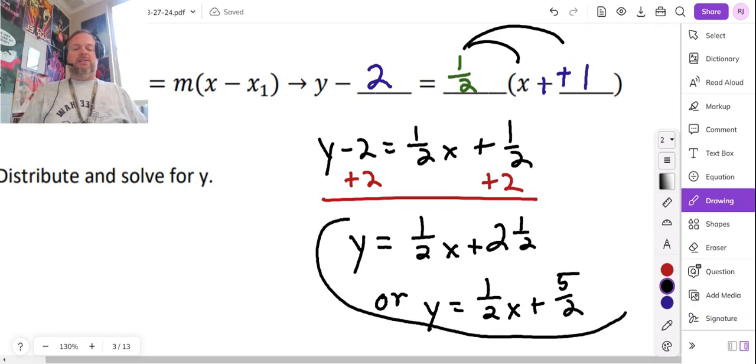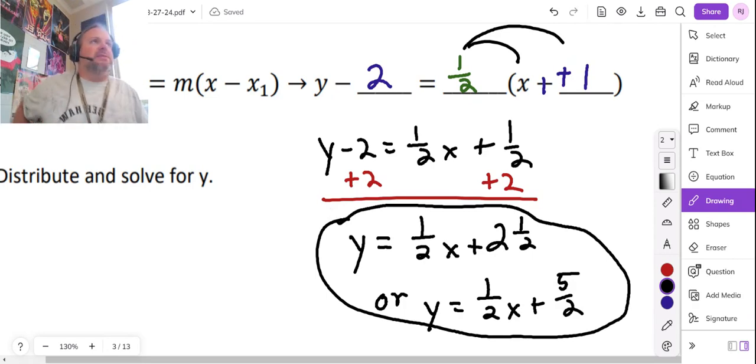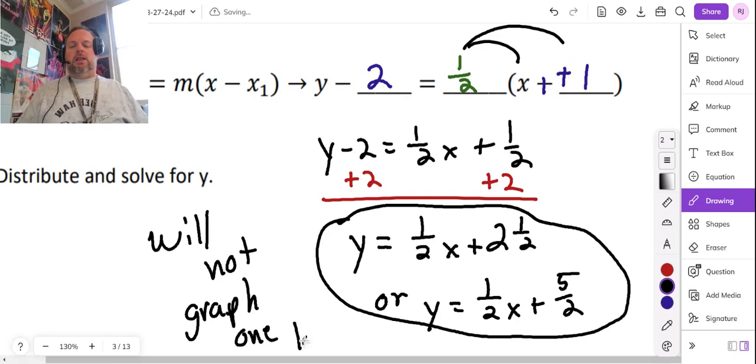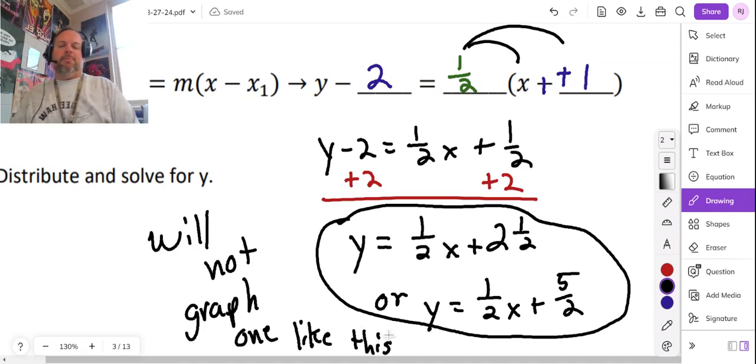Either one of these is fine, but guess what? You won't have to graph something like this. This has a lot of decimals. 5 out of 4 people have issues with decimals. Okay. Will not graph one like this. Okay.